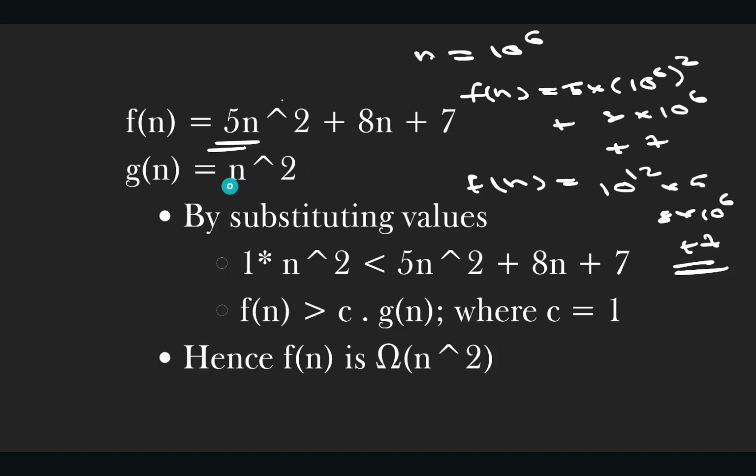All right, so I have the candidate for Gn. Now I apply it to the equation and see whether it satisfies. If I use 1 for the value of C, obviously Fn is going to be greater than Gn. Therefore, we can say Fn is big omega of n squared.